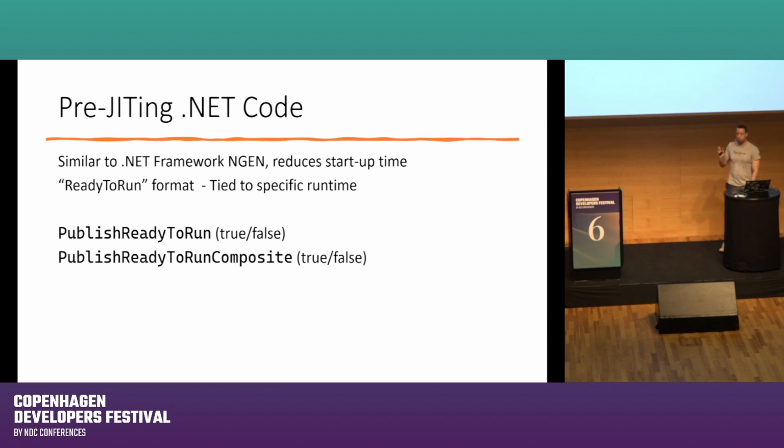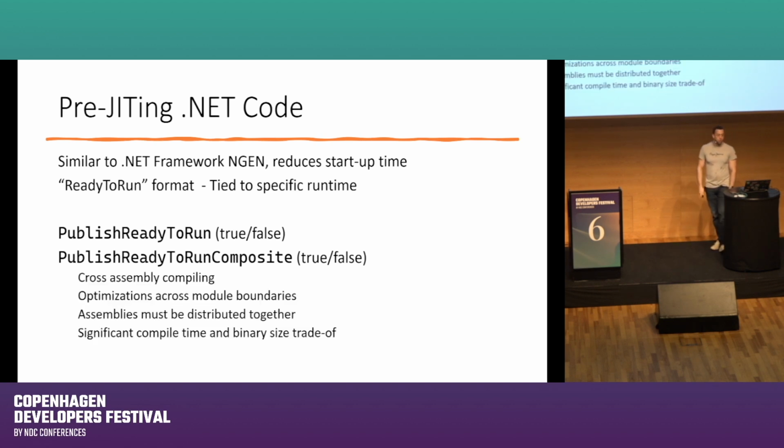So there's also an option to do that using publish ready to run composite. So, cross-assembly optimization. It does take quite a lot longer to compile because it does a lot of optimizations, and it increases the binary size. But also publish ready to run already does it, because then you're shipping your code plus the already jitted code. So the application is going to be larger, that's the trade-off, but the startup time is going to improve.